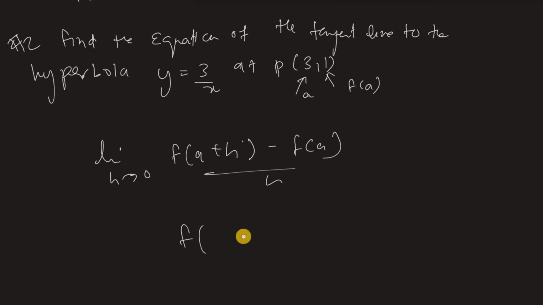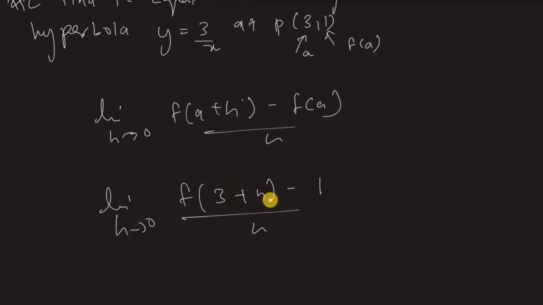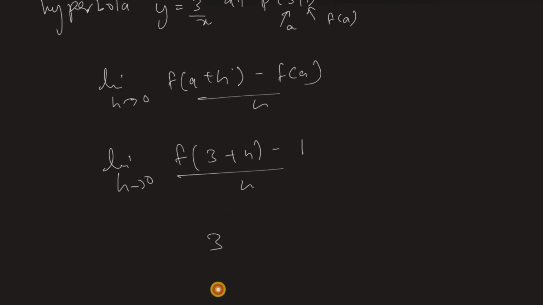So we have our a as 3, so f of 3 plus h minus f of a, that is our 1, over h, and limit as h approaches 0. So now we have to plug inside our function 3 plus h. Okay, so we have to plug inside of our function 3 plus h, and then we have a negative 1.